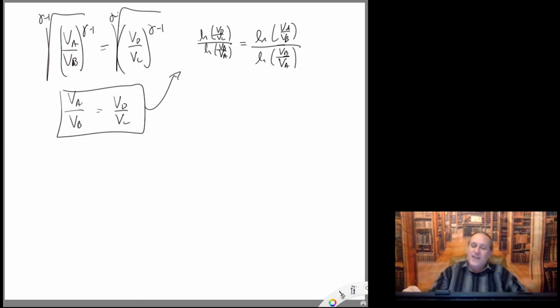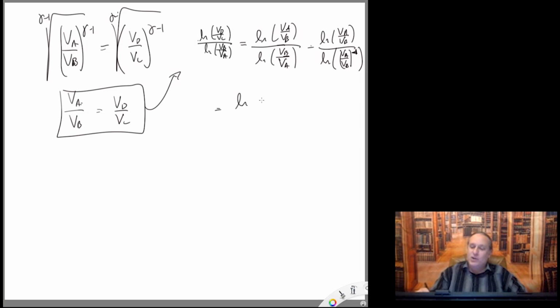So we can think of this VB over VA, let's write it again, VA over VB to the minus 1 power, inside the natural log. And if we have a natural log of something raised to a power, we can pull the power out in front.